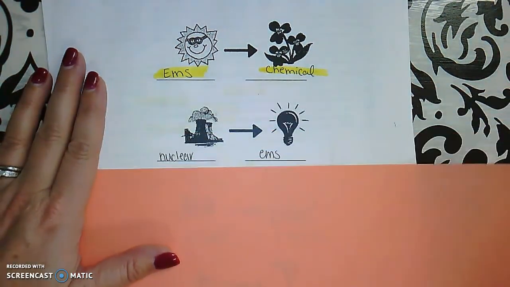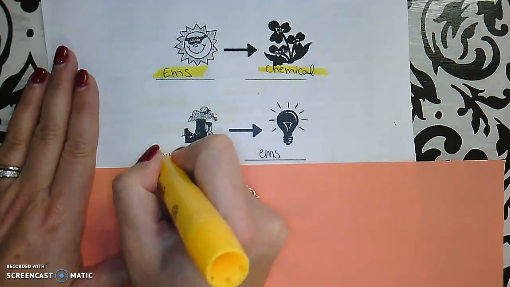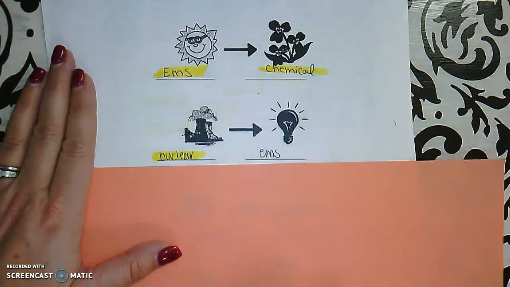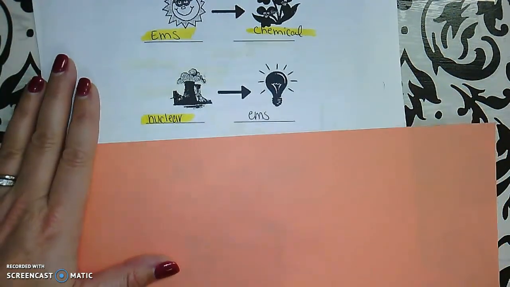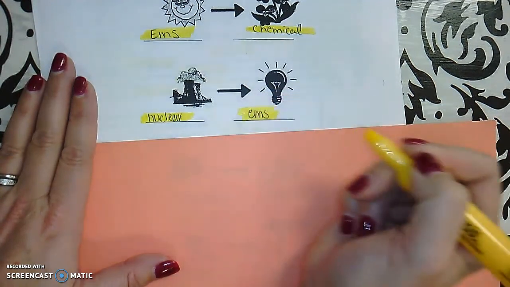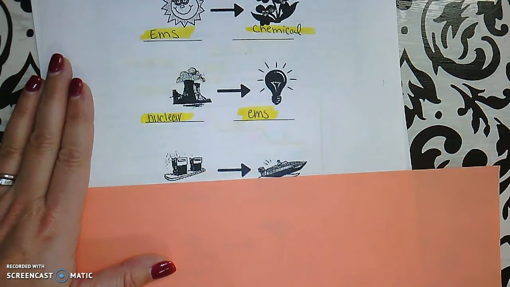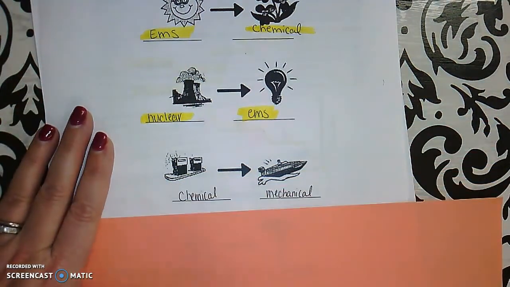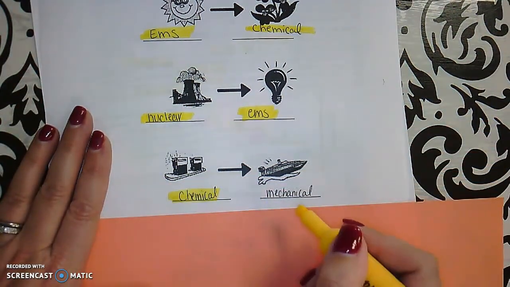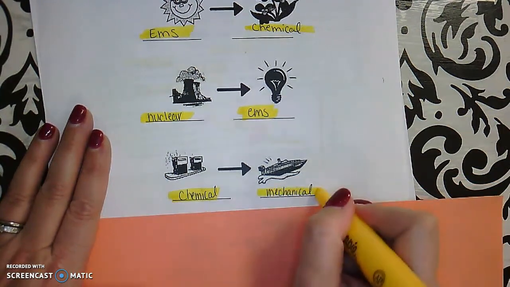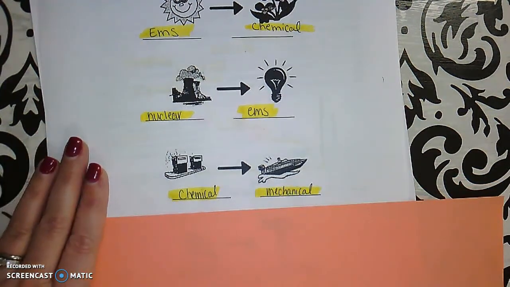Then we've got the nuclear power plant, which is nuclear fission, F-I-S-S-I-O-N. And then we make light, which is on the electromagnetic spectrum, visible light. Then we've got gas pumps, which is chemical, gasoline, going to the boat, which is moving, that's mechanical.